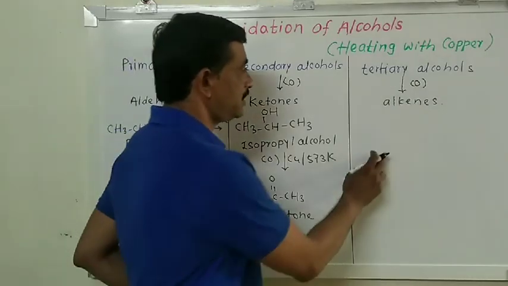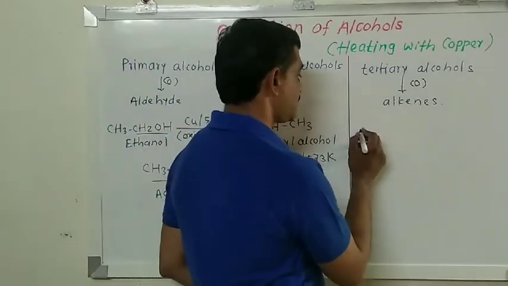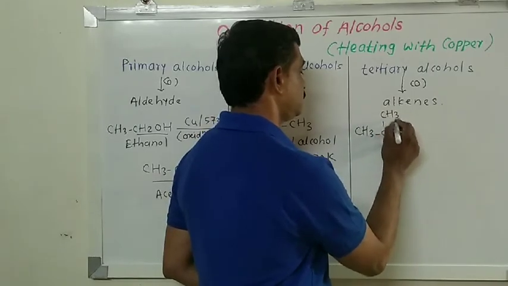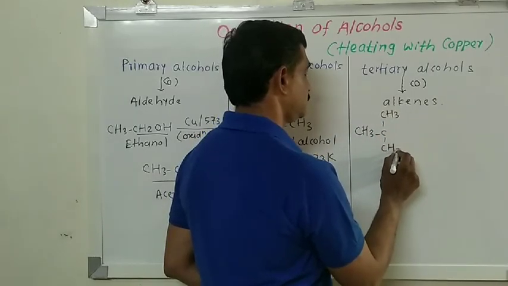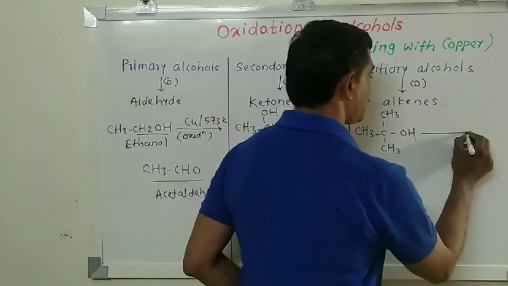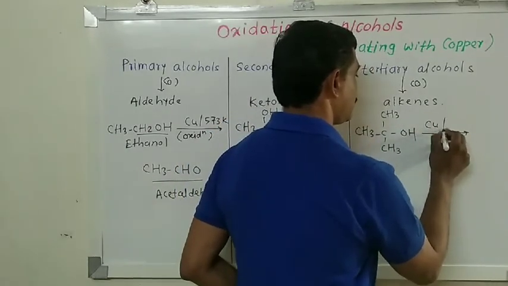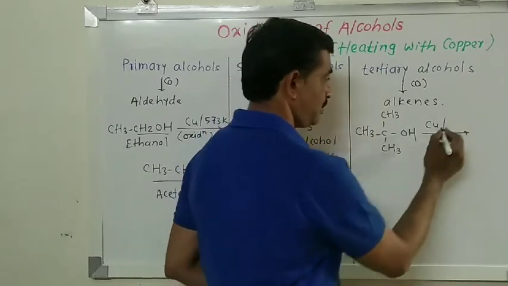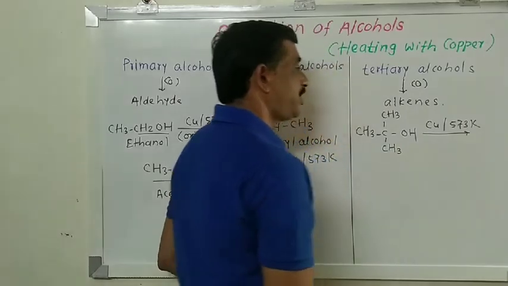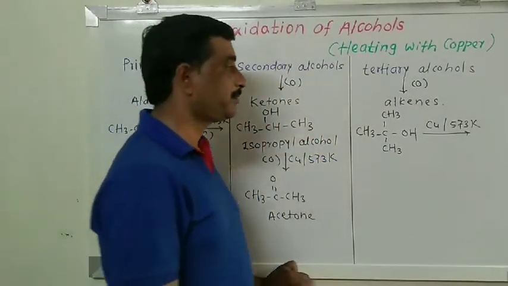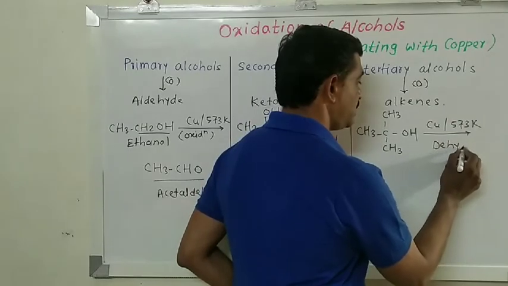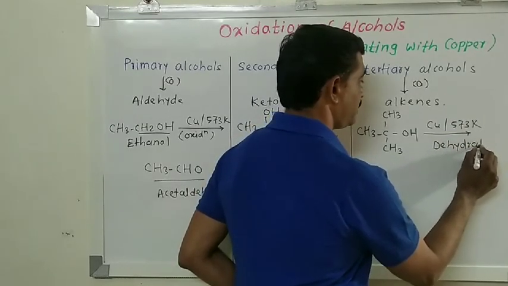When you consider tertiary alcohols such as tertiary butyl alcohol, when its vapors are passed over copper at 573 Kelvin, instead of oxidation, it undergoes dehydration. Very important.